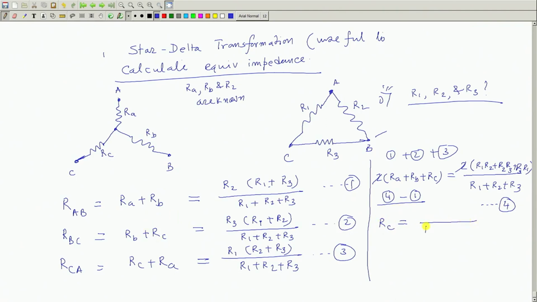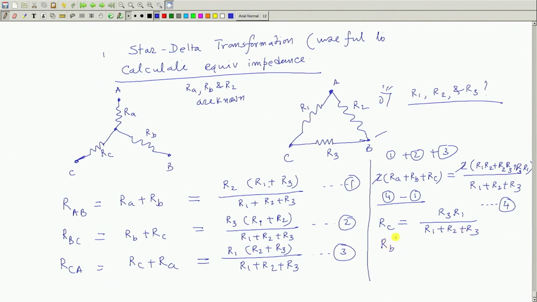Below it is R1 plus R2 plus R3, no doubt, and in the numerator R2R1 and R2R3 go, you will be left with R3 into R1. So, RC will be R3R1 by R1 plus R2 plus R3.